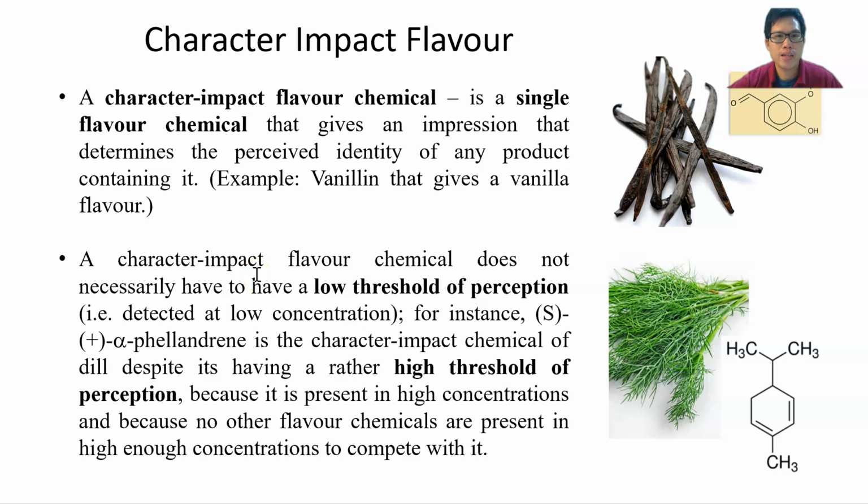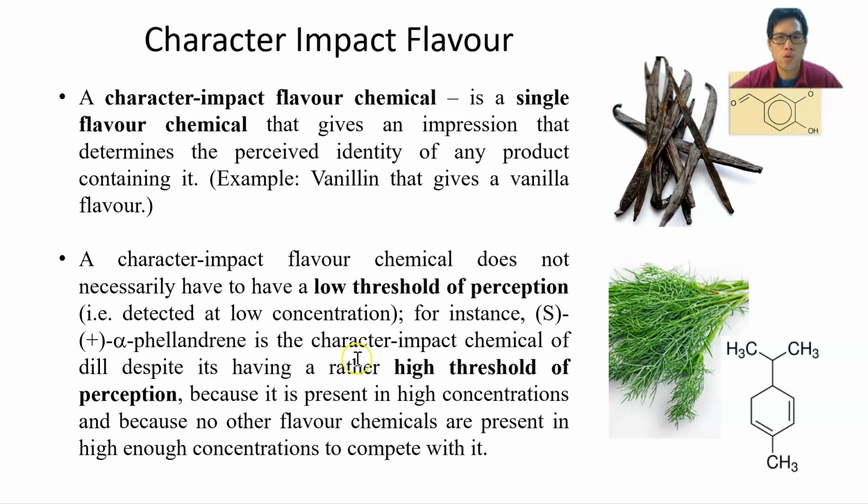To add on that, the character impact flavor does not necessarily have to be a low threshold of perception. What do I mean by low threshold of perception? It means that it can be detected at low concentration. Not necessarily. For example, the alpha fluorescents, which is the character impact chemical of dill, you require high concentration in order to perceive the dill flavor.